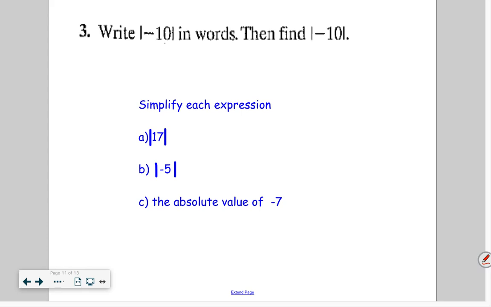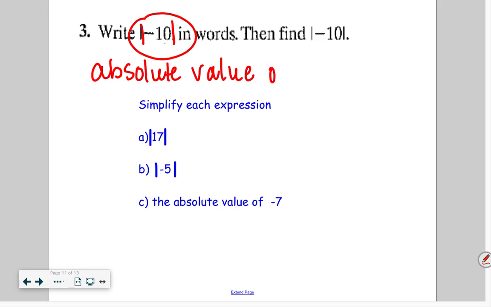When you come across these brackets on either side of -10, you say absolute value of, and in this case, -10. So in words, that would be the absolute value of -10.